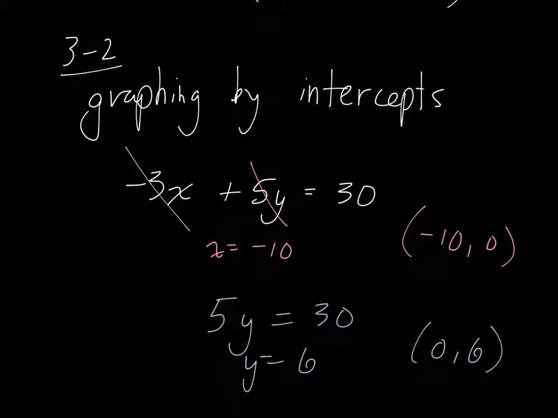Find the equation of a line parallel to 2x plus 4y equals 7, and that goes through the point 1, 3. It goes through the point 1, 3. So it's parallel to that first equation.